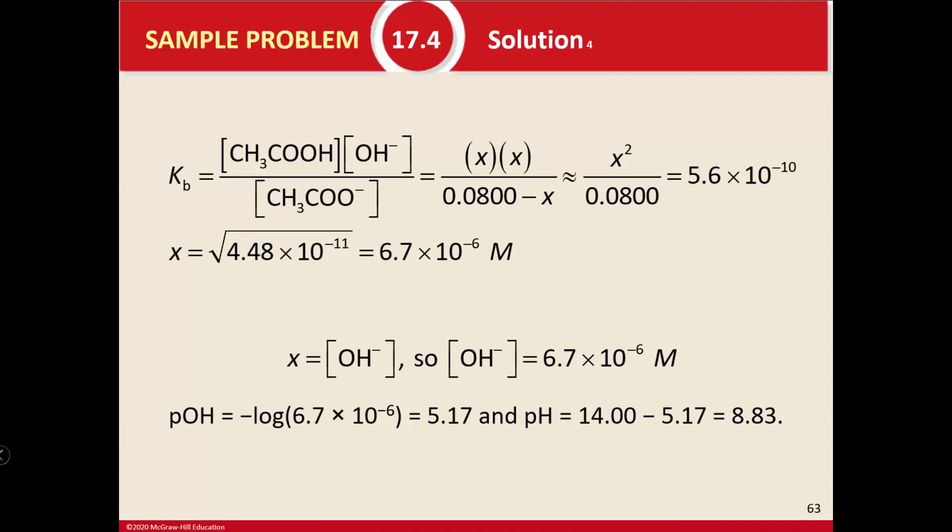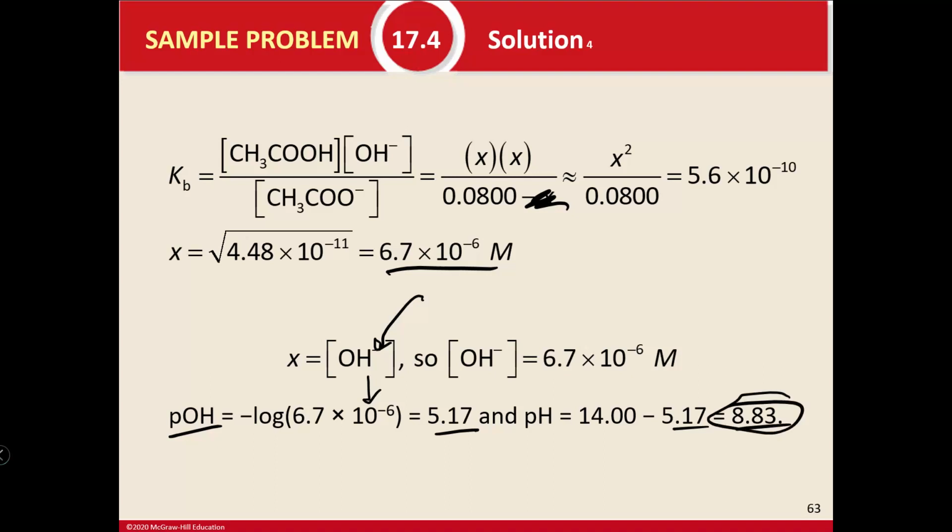We assume x is negligible, and we solve for x, and we get 6.7 times 10 to the negative 6, which is the hydroxide ion concentration. So if I take that hydroxide ion concentration and plug it into the negative log, that gives me the pOH, and then subtract that from 14, I get the pH of the solution.